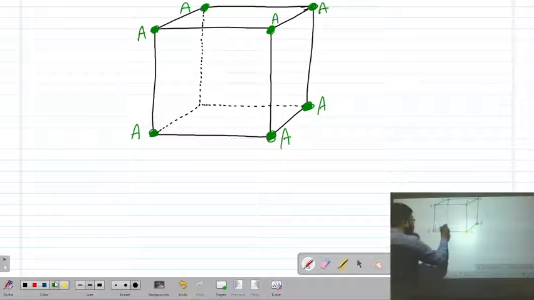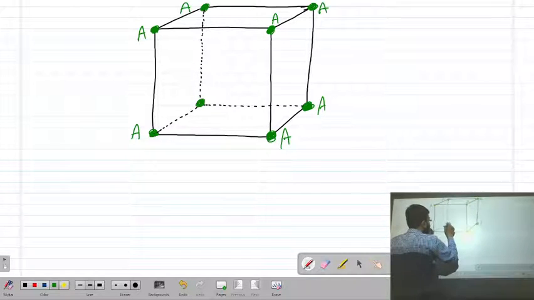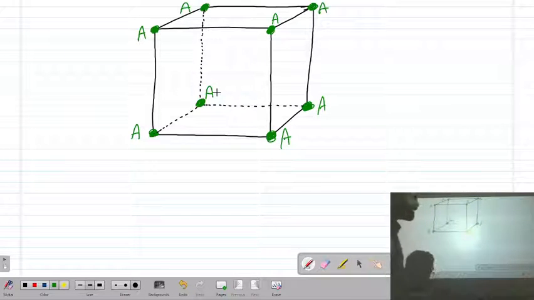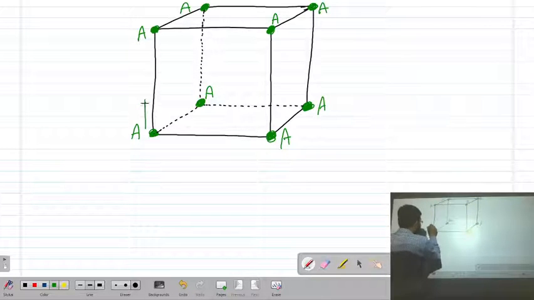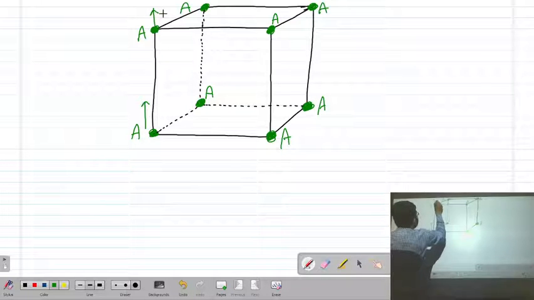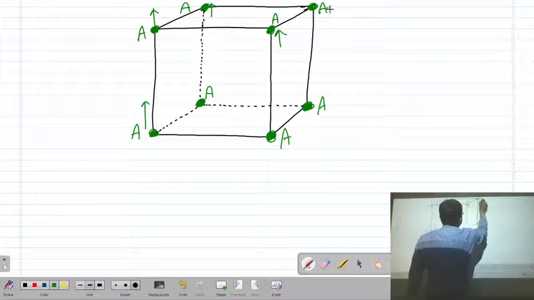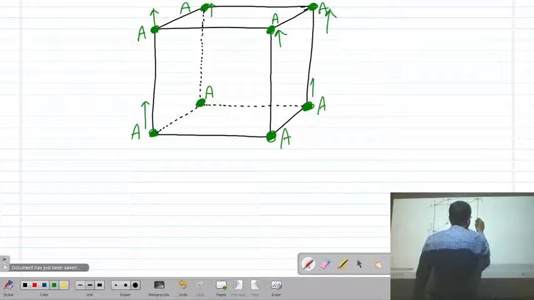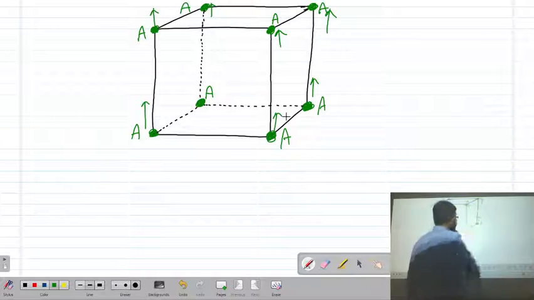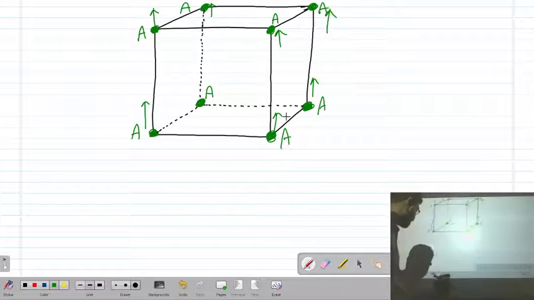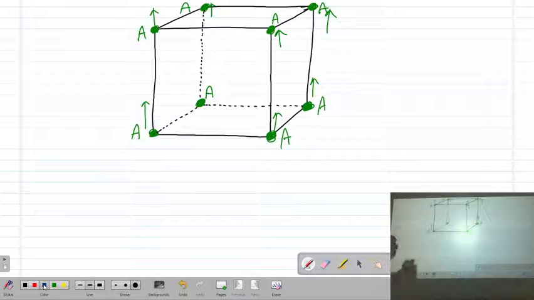This is also A. Now A has a magnetic dipole moment in the upward direction. This is the direction of the dipole. Now let us assume that we have a big atom existing in the center.